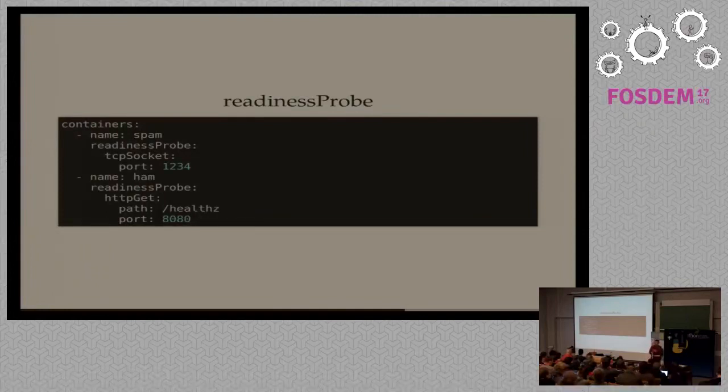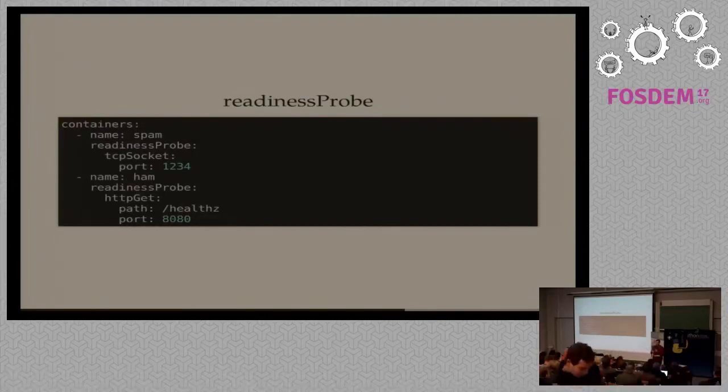For the TCP socket example, which is the top one here, if your service directly opens a socket, maybe for 0MQ, gRPC, or something like that, you can use your main listening socket for this probe, because once the socket is open, connections can start to be made.